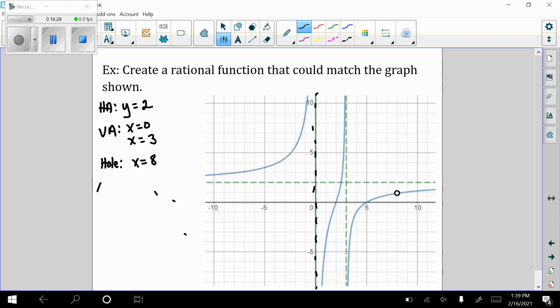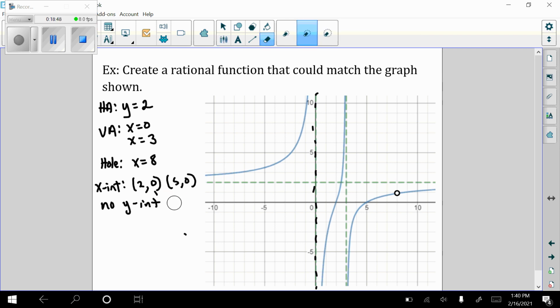I have x-intercepts at (2, 0) and (5, 0). And I have no y-intercept because of the vertical asymptote that sits at x equals 0. So we should be able to start writing this.